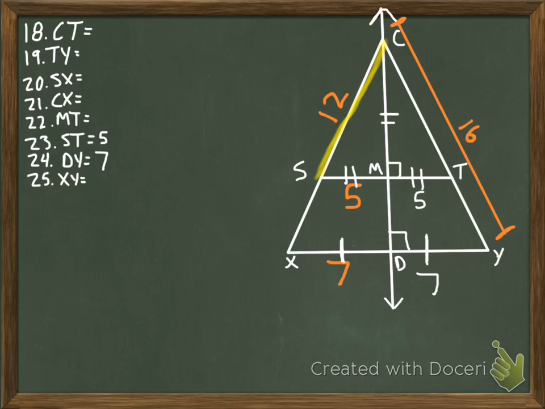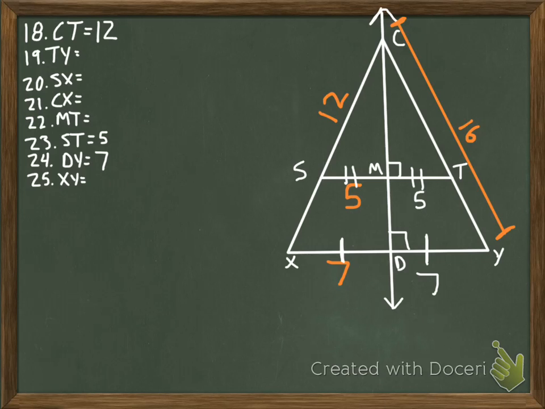We got a side there. We'll put 3 dashes. Side, and then the angle M, and the side with 5, that'd be side, angle, side. Alright, so if I know SC is 12, I know the others, so we know CT is also then 12.